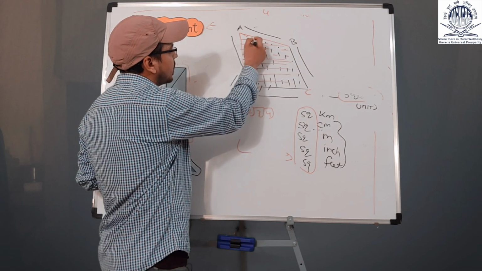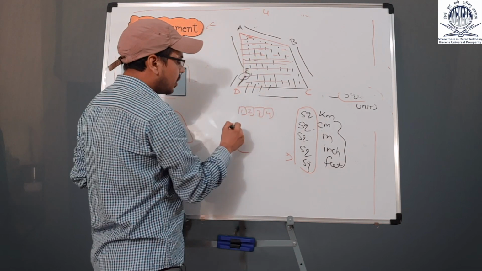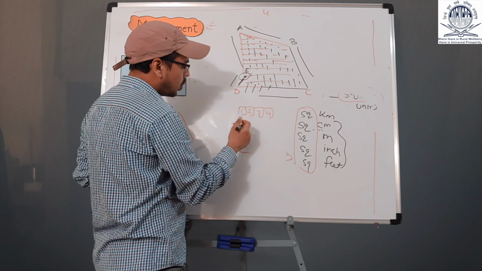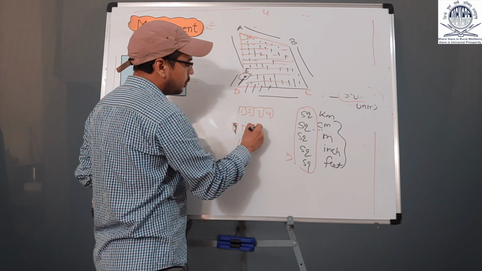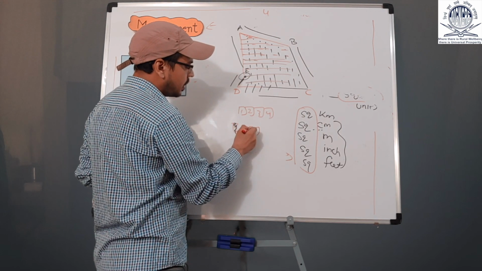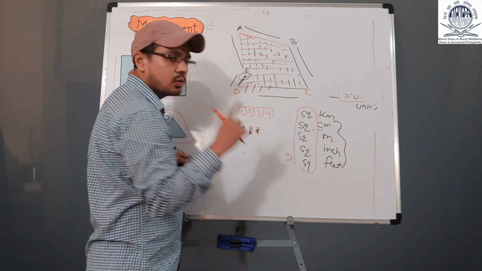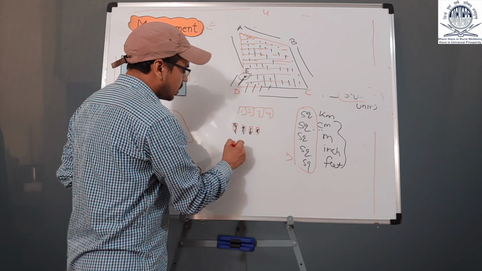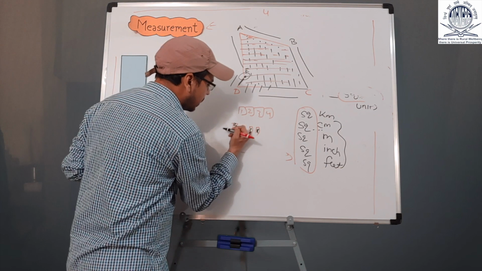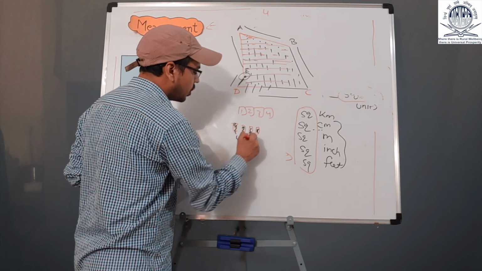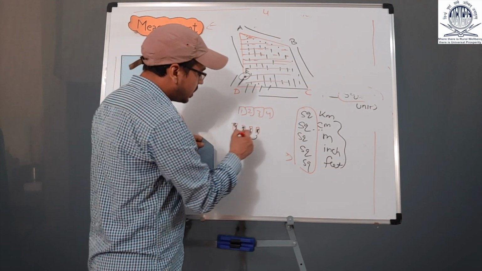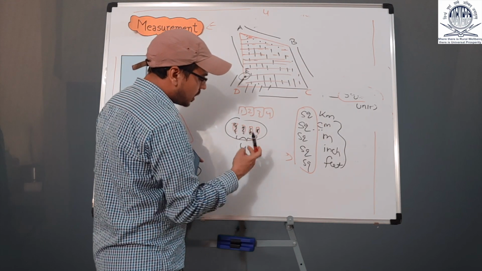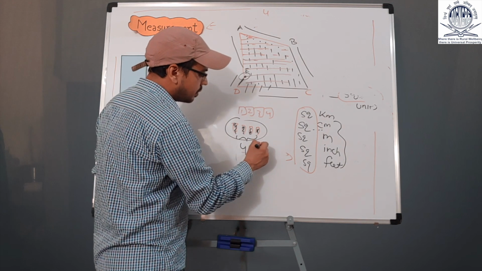But what if I'm getting just half squares? I'll calculate half squares like this. Let's say I got 1, 2, 3, 4, so 4 halves. How many halves will make one square? Number of halves is 4, so I'll simply write 4 halves.